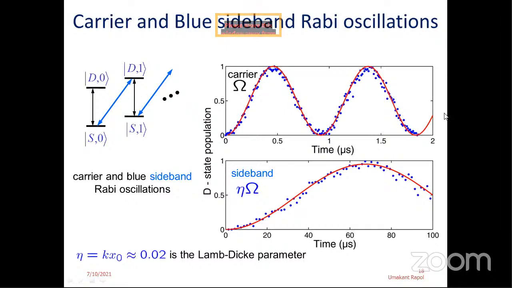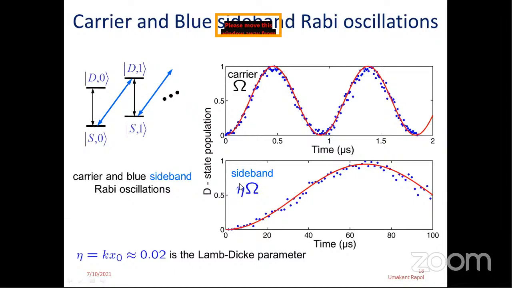Now, this is on the carrier. The frequency of that is much faster. I mean, the flopping can be done in a much shorter time. Whereas if you go to the blue sideband, it takes a much longer time to excite, because the strength that is needed to drive this transition is much more than the strength needed for driving the carrier transition.